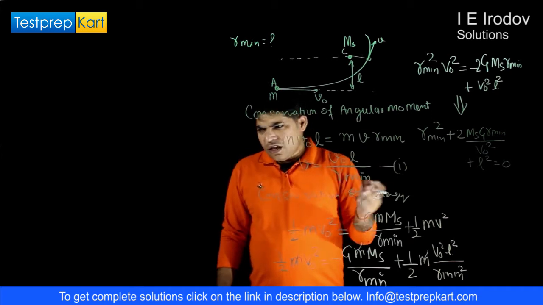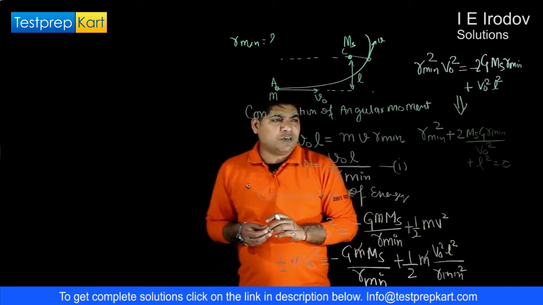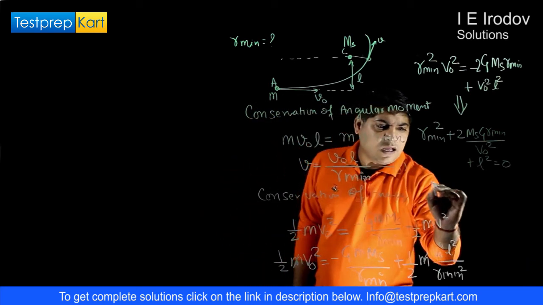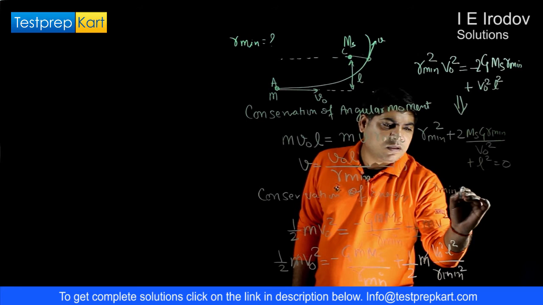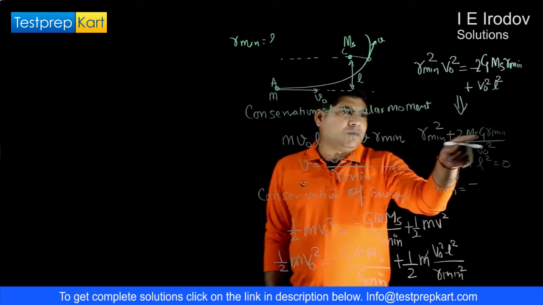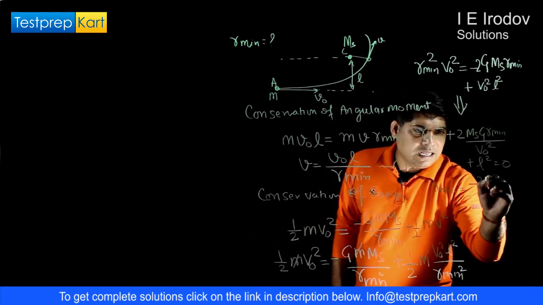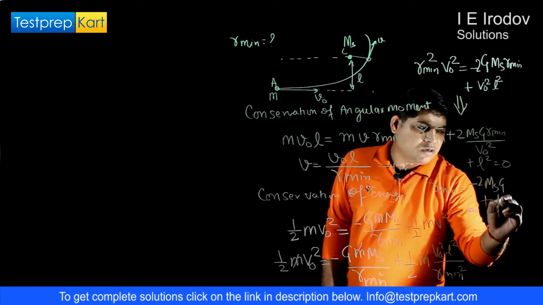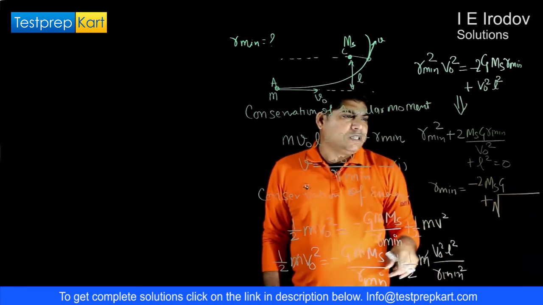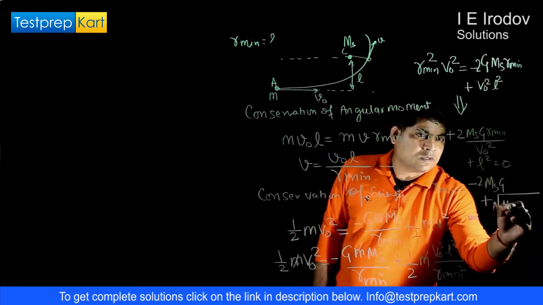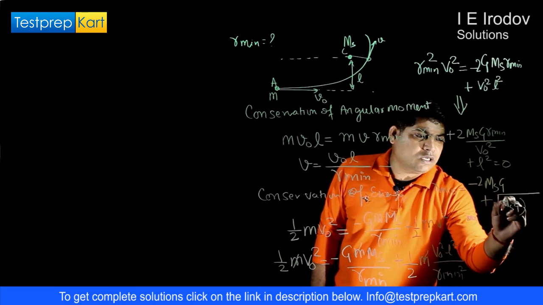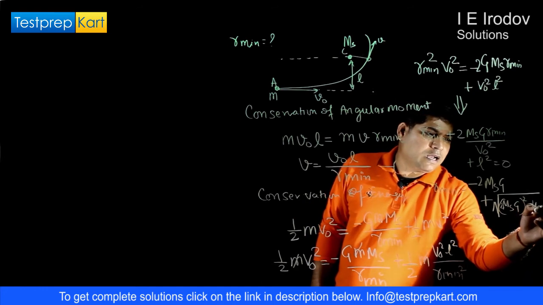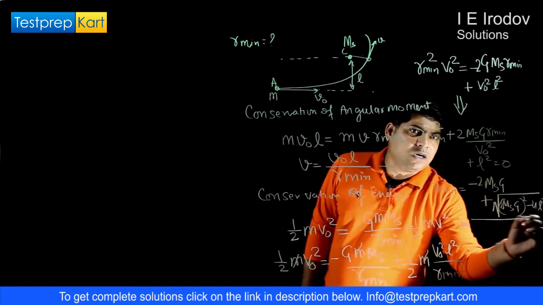Okay. So here we can apply the basic approach for finding the root of an equation. Okay, that is r minimum is equal to minus b, this part, 2 ms into G, plus minus under root b square minus 4ac, so square of this term, ms G to whole square, minus 4 times this term, 4 L square, upon 2a.